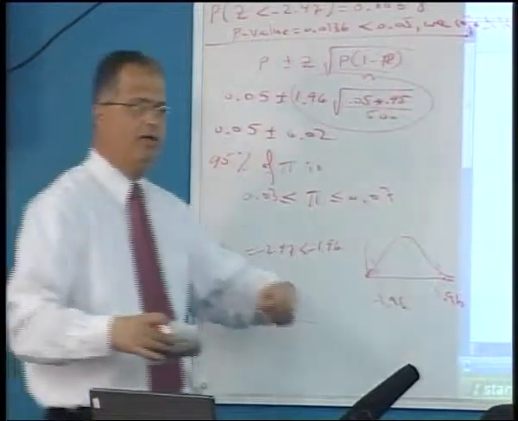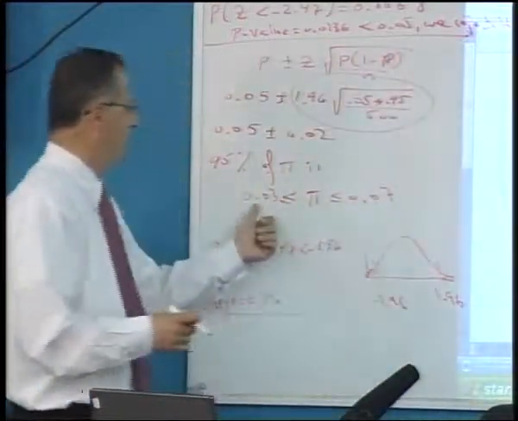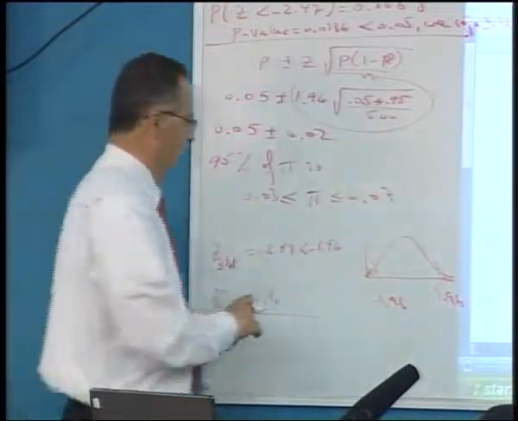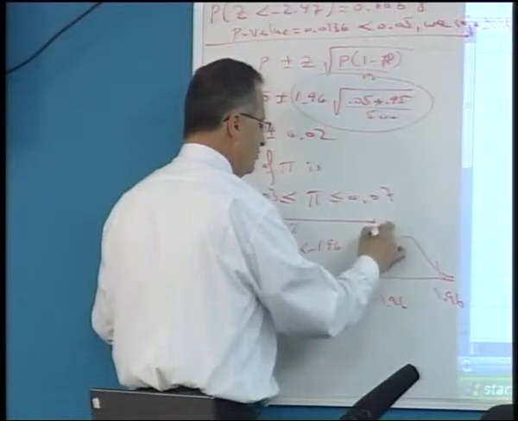So now pi, the population proportion, falls between 3 and 7%. Your range here is from 3% all the way up to 7%.